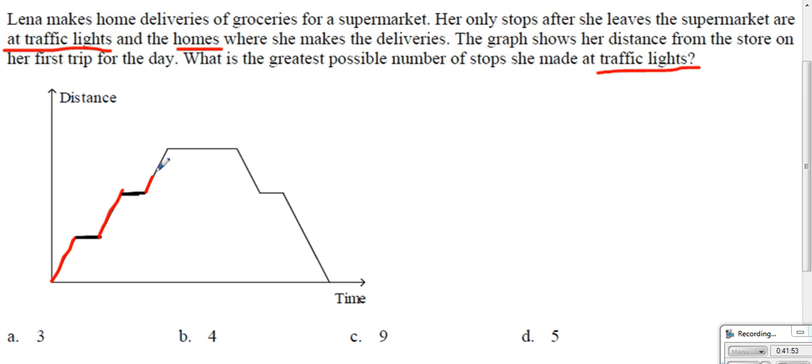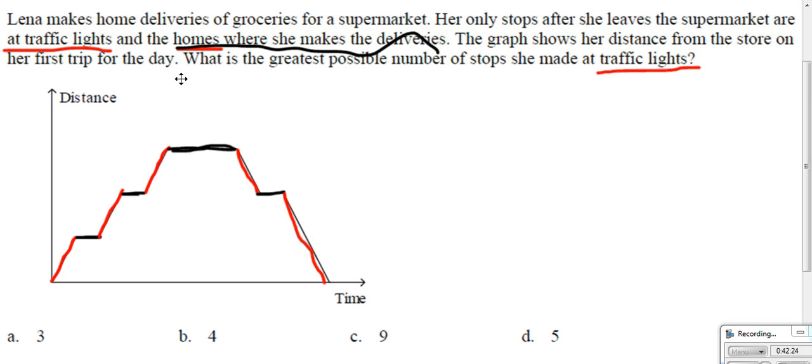Then she moves again, she stops for a way longer period of time. That is not a traffic light. This is basically at a home where she makes the delivery. So that's a house. That doesn't count. And she goes down. Another annoying light. And then she finally goes home.